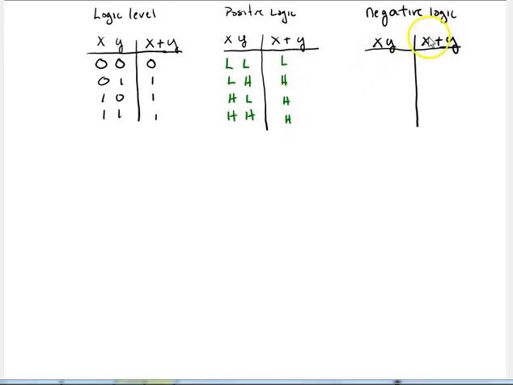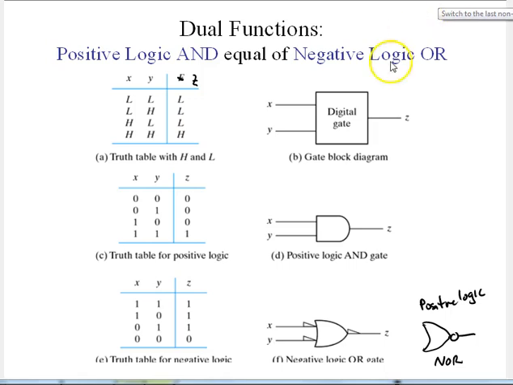If it's negative logic, however, where we have a 0, we put in an H, and where we have a 1, we put in an L, so we have an L, H, L, L, and then L, L, L, H. So there's our negative logic OR gate. So make sure you can differentiate between the two. That's our positive and negative logic levels.